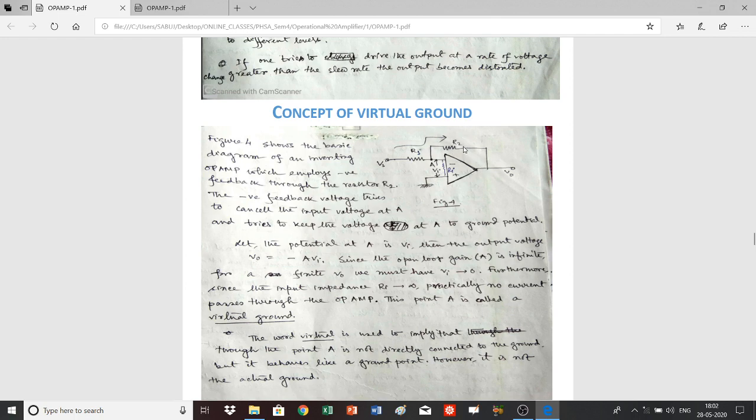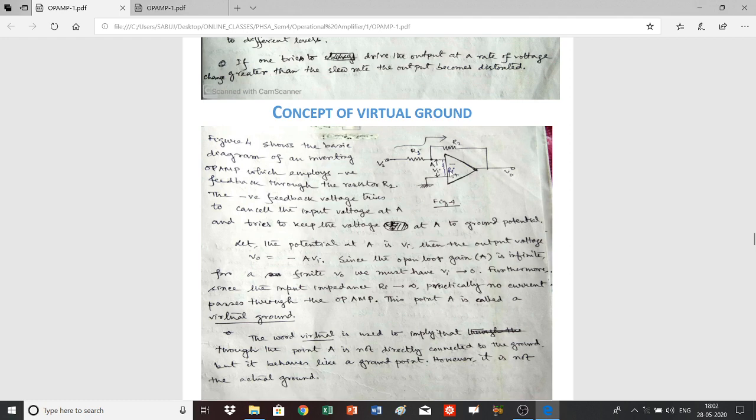Negative feedback is applied in such a way that the potential of the point A can be made 0.